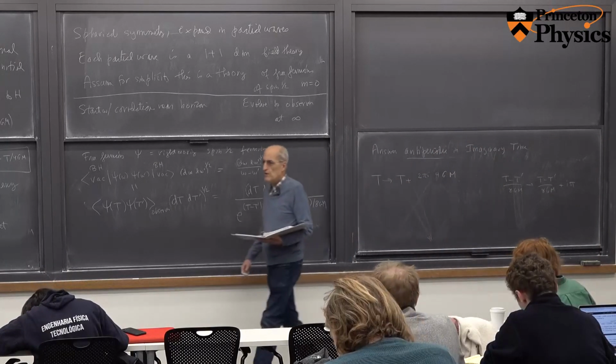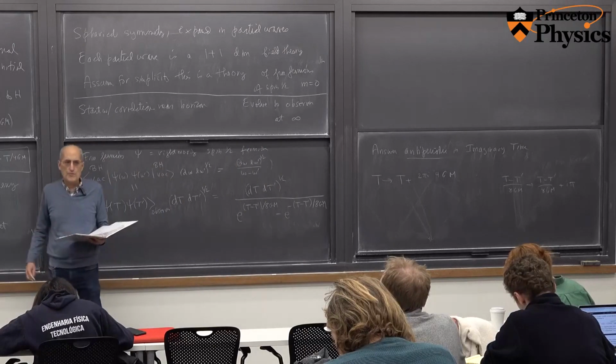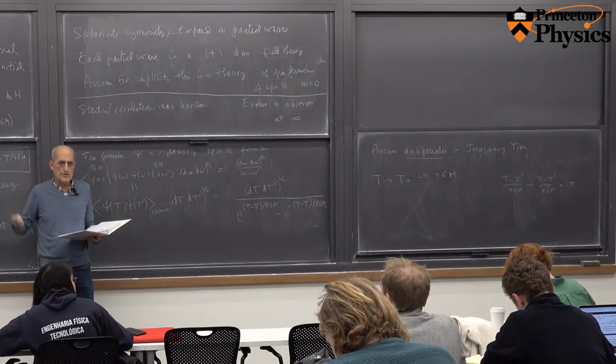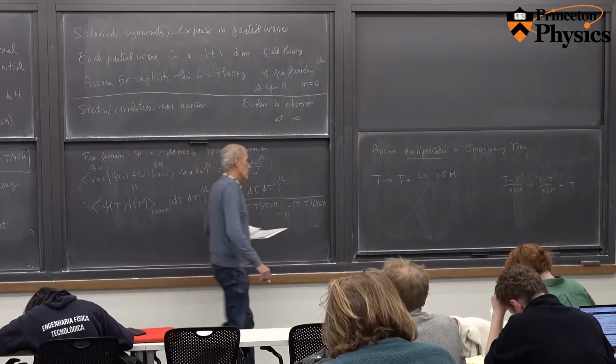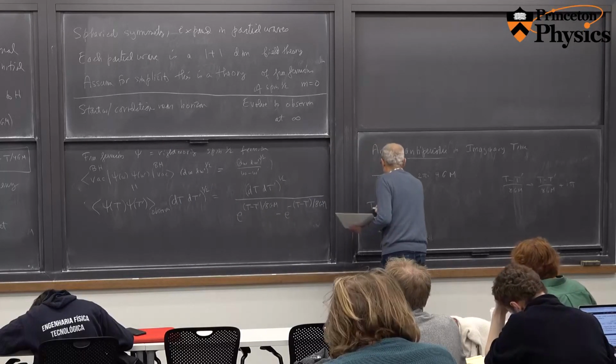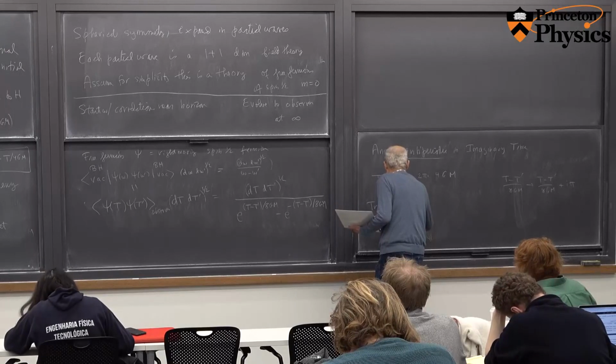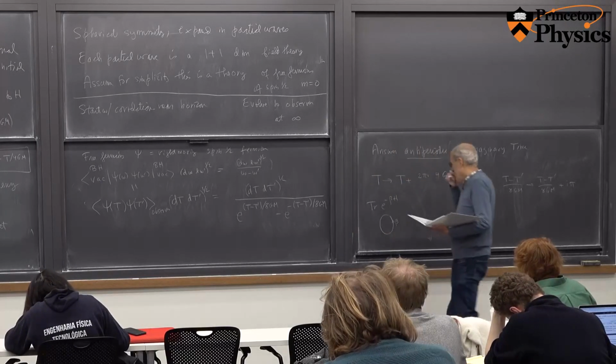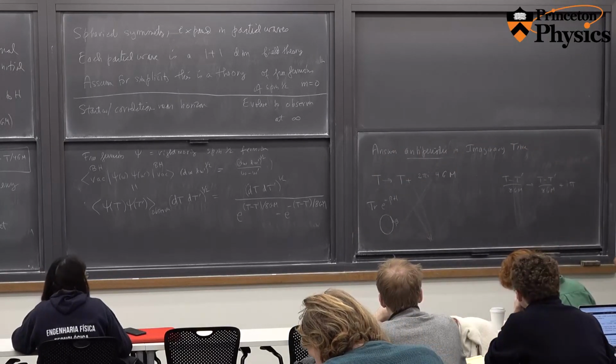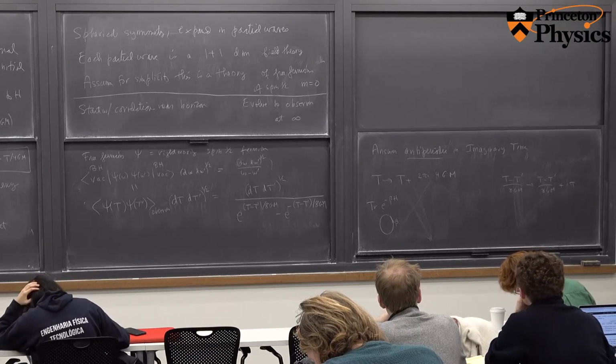Now, for fermions, antiperiodicity in imaginary time is the hallmark of a thermal distribution. In path integrals, we'd calculate a thermal distribution with a path integral on a circle of circumference beta. The bosons would be periodic on the circle, but the fermions are antiperiodic.